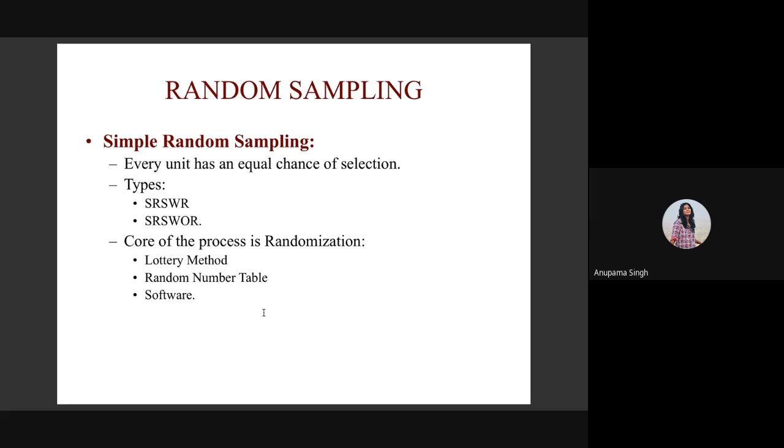Excel gives you an option of generating random numbers from one range to another, right? So if you have a total population of 100 units, 100 individuals, and say you want to take a sample of 20 individuals, you can write random number, and from 1 to 100, you need 20 numbers.